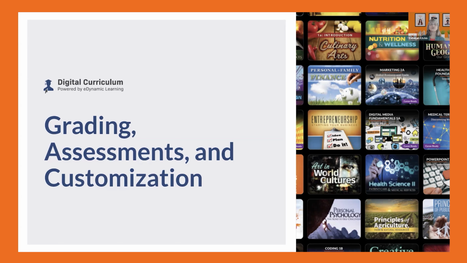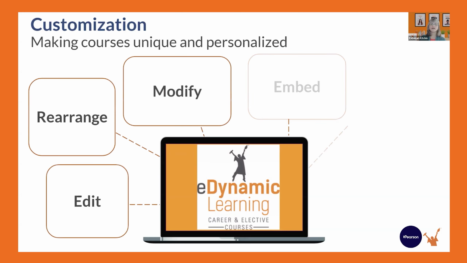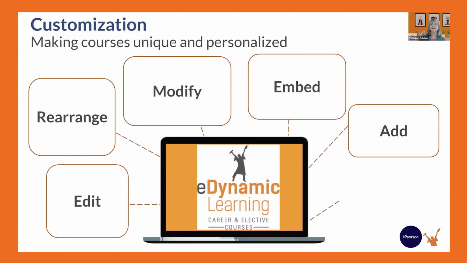When you are customizing your course, you will be able to edit, rearrange, modify, embed, add, and link things in order to make this yours. Part of that modifying and editing is you can also hide things from students if you choose not to use them.